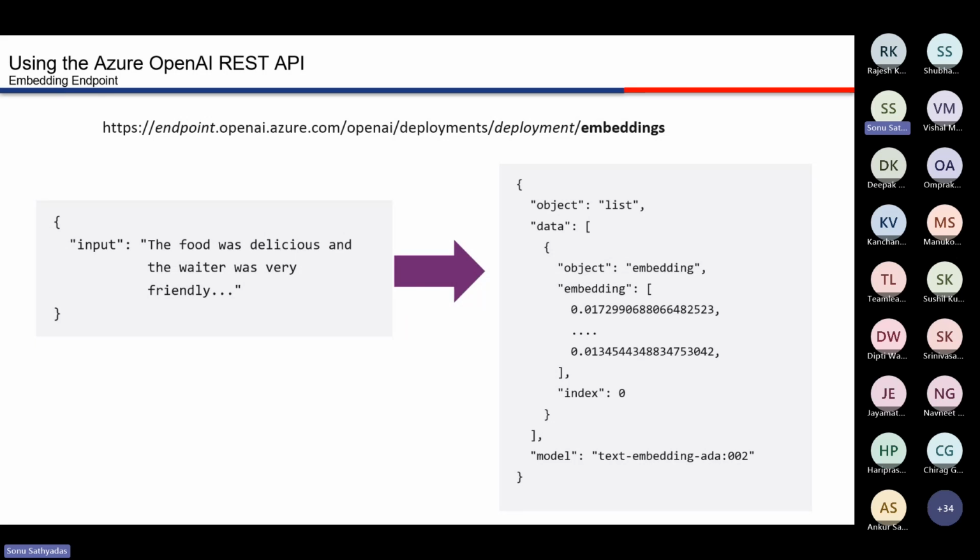So here the embeddings model is typically used to convert your text data into this numeric representation, which is very, very useful when implementing custom data with your models. So here you can see an example: when you make a request to this embeddings endpoint and provide a text like this, the text will be converted into a numeric representation like this.